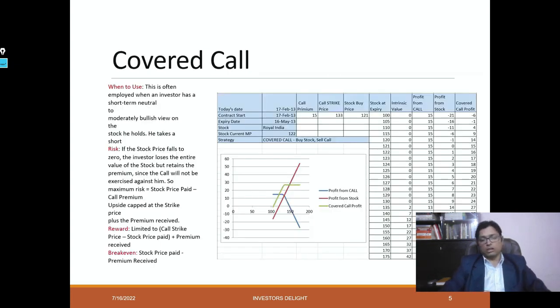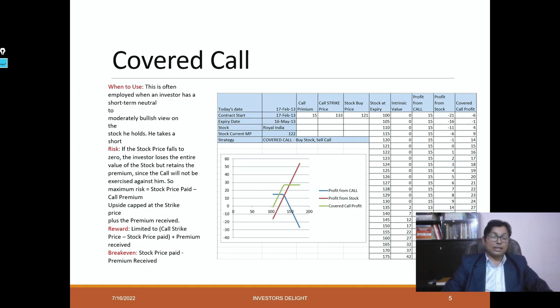So covered call. Coming to the covered call, let us see when a covered call is used. It is often employed by investors who have a short-term neutral to moderately bullish view on the stock he holds. He takes a short call. If the stock price falls to zero, the investor loses the entire value of the stock but retains the premium since the call will not be exercised against him.